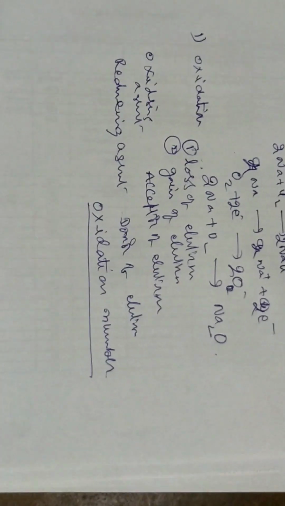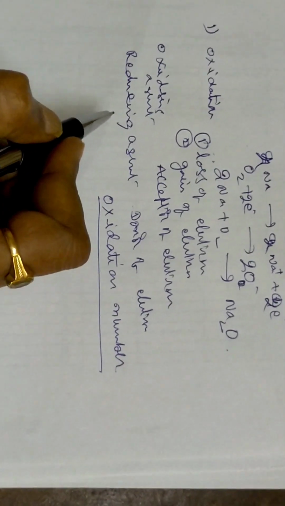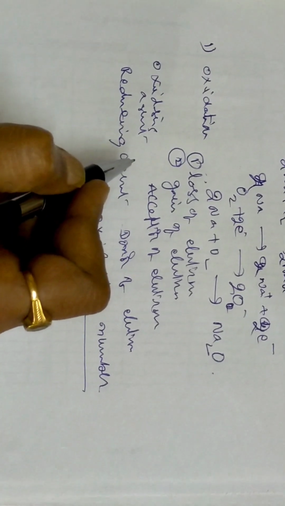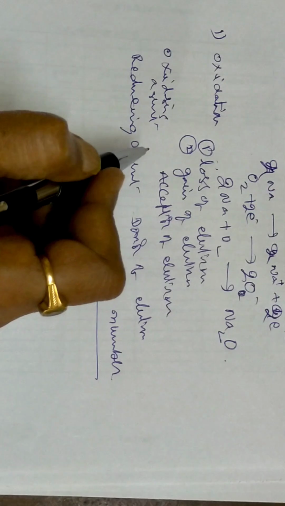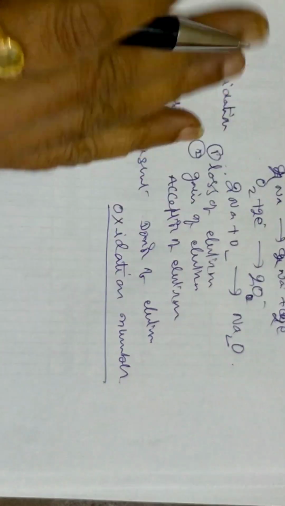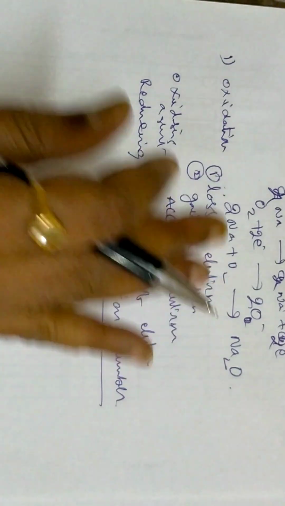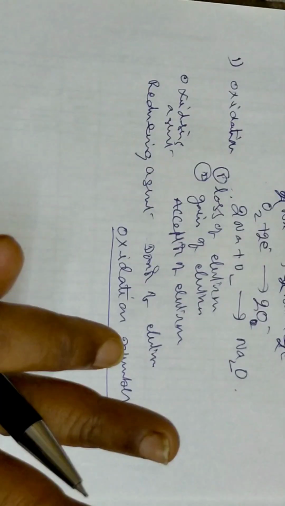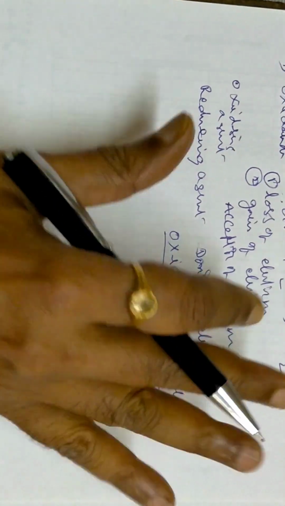In the oxidation number, we are taking one small assumption: that even in non-ionic equations or covalent compounds, electron transfer has taken place. That is an assumption. It is only for bookkeeping purposes. Nothing is actually happening. It is a covalent compound only.